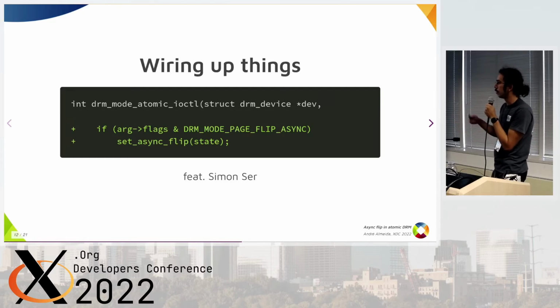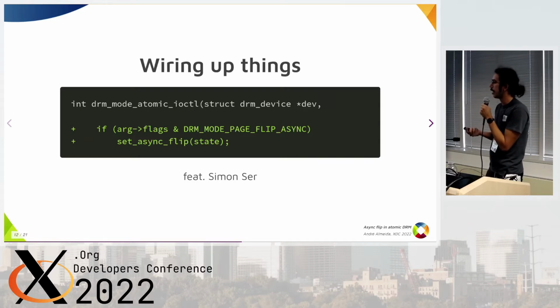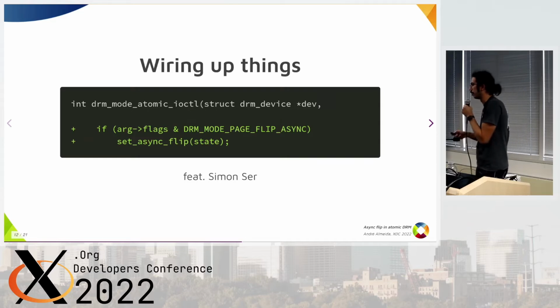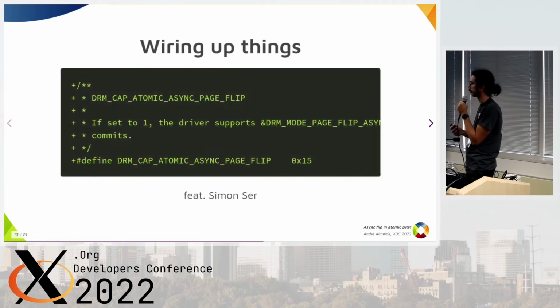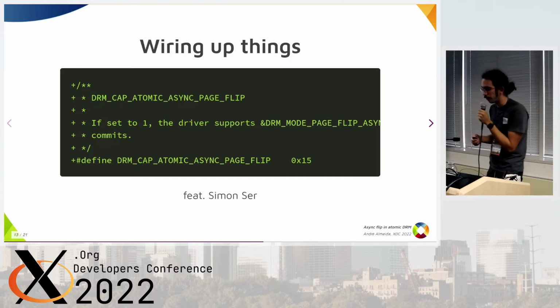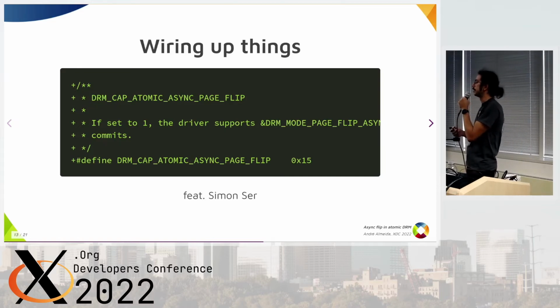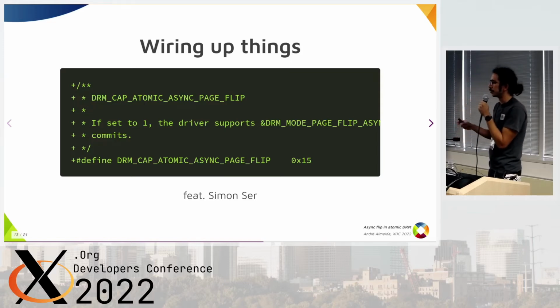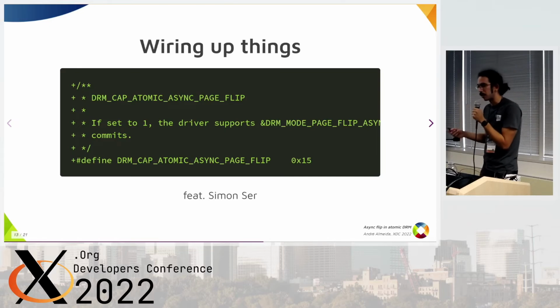So basically we can do that on Atomic. You just need to set some states, and the AMD GPU driver is ready to do the async flip. Also, we now have a new capability in DRM, the Atomic async page flip. This needs to be different from the old async capability, because not all drivers are in this situation.